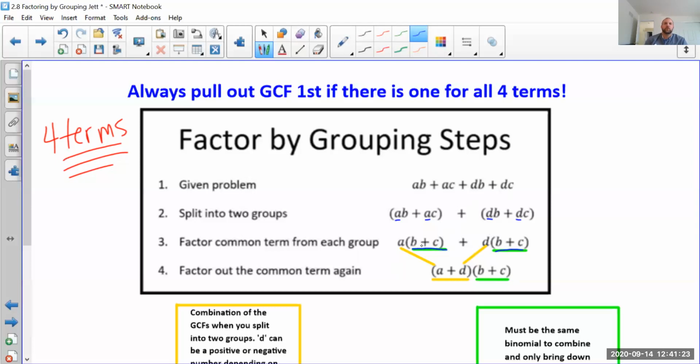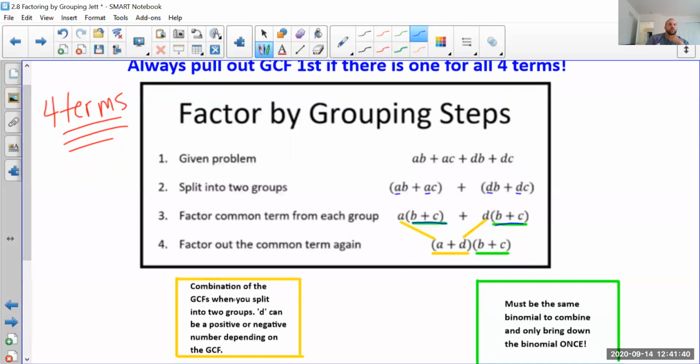So we can pull a GCF of B plus C out of both of these, and then write what we have left. So then we have this A plus D left. The yellow part is the combination of the GCFs when you split into 2 groups. D can be a positive or negative number depending on the GCF. The green part here must be the same binomial to combine, and you only bring down the binomial once.